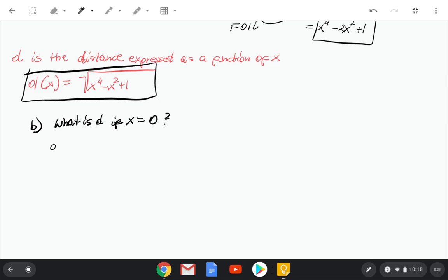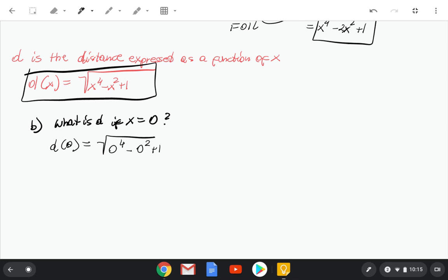So d of 0 equal square root 0 to the 4 power minus 0 to a second power plus 1.